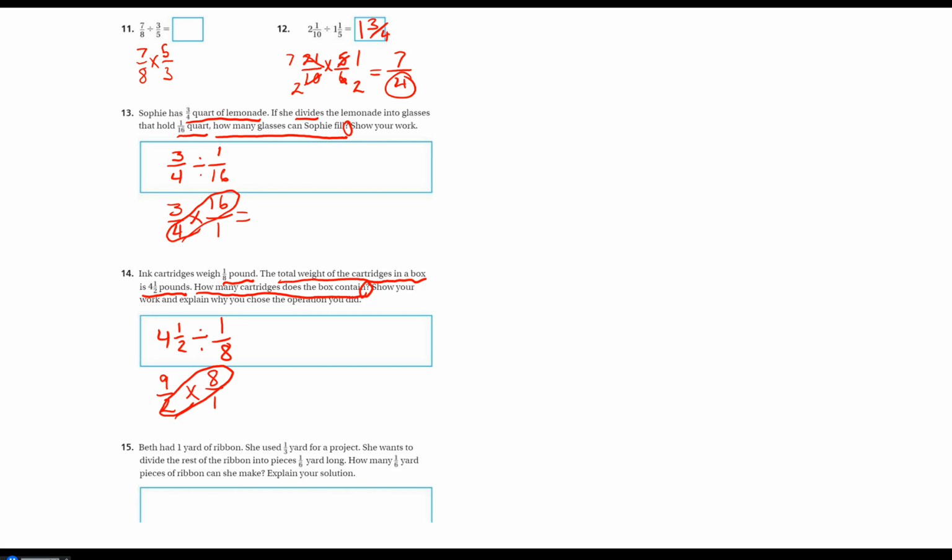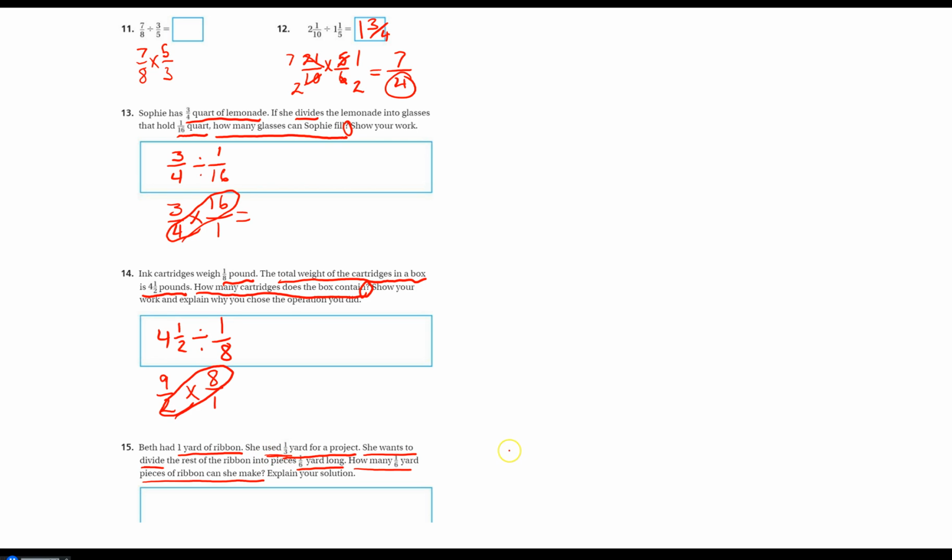All right, number 15. Beth had 1 yard of ribbon. She used 1/3 for a project. She wants to divide, so we know we're dividing, the rest of the ribbon into pieces that are 1/6 yard long. How many 1/6 yard pieces of ribbon will she make? Okay, so we have 1 whole yard, but before we even start, she uses 1/3 of that yard.